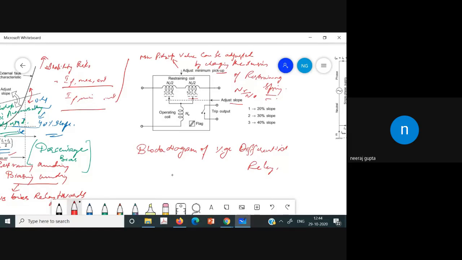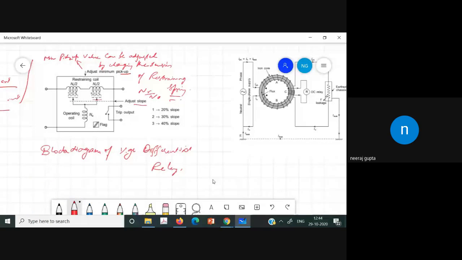So this is about the differential relay. Now, before concluding that, we will discuss a relay which is also known as the earth leakage protection relay.